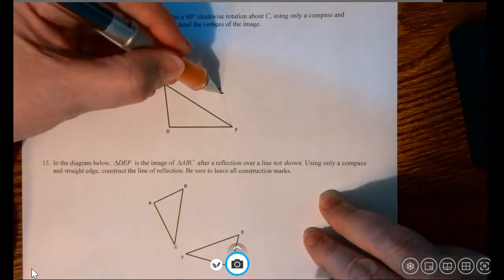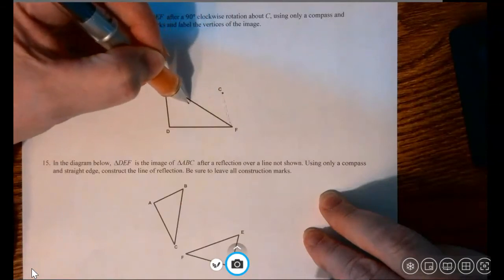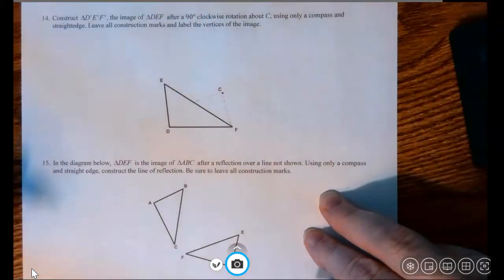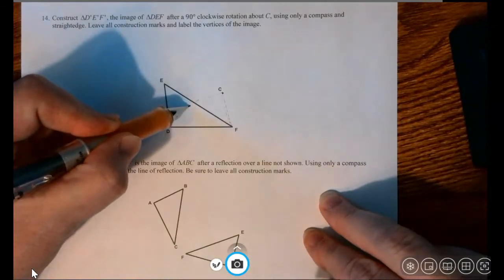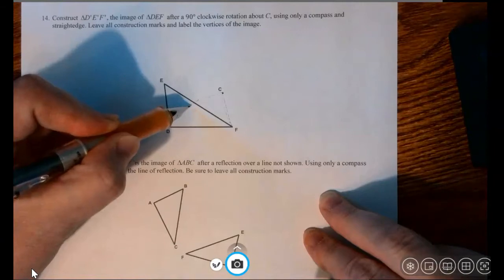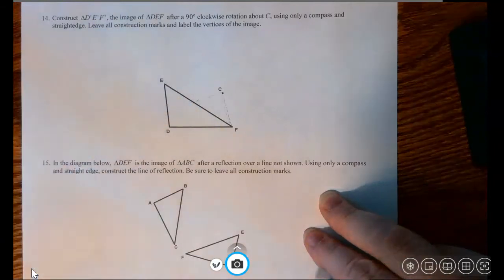You want to, at least in your mind, put some little dotted lines in there, and just visualize that point F prime should be somewhere over here. So when you do the construction, make sure that it ends up roughly where it should be.